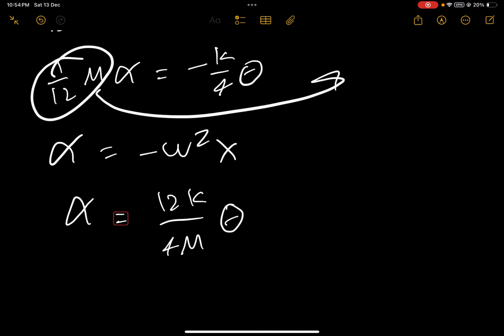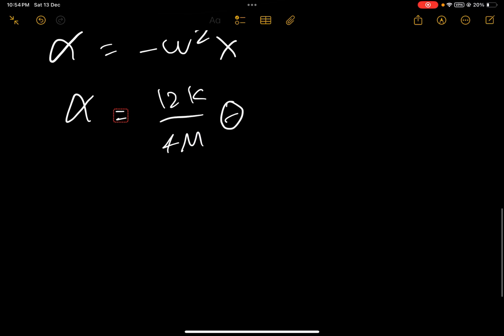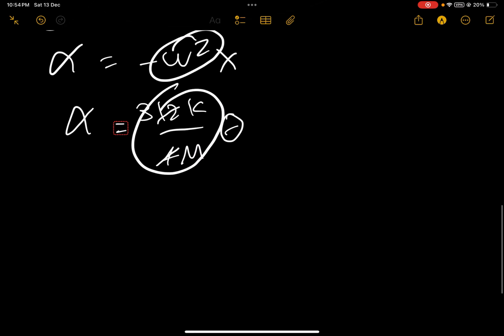And now you look at this term and you're like, holy moly, that looks really familiar. And I'm like, yeah, that's what I thought. So realize this cancels to 3, and this term corresponds to this term.